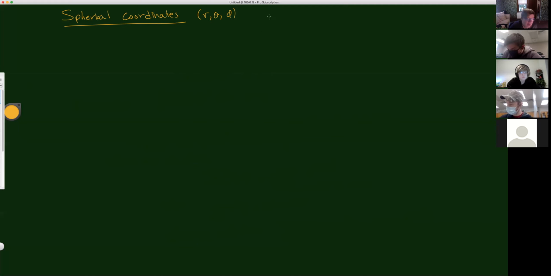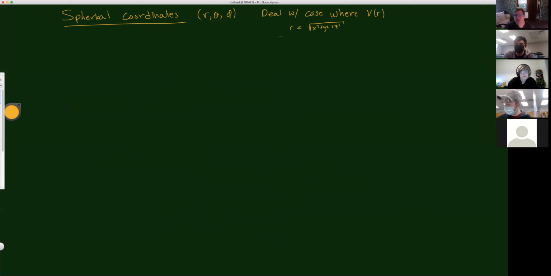And this is for cases where V is only a function of the distance r. That is not a vector, that is just the distance, where r is equal to the square root of x squared plus y squared plus z squared, the magnitude of r.